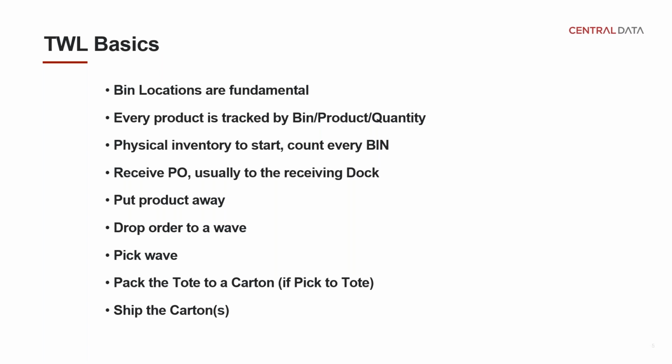So receipt comes in, gets received, you put the product away, then you drop an order to a wave, and I'll explain what a wave is in a little bit, but you drop the order to a work assignment to be picked. You go pick that wave, and depending if you're pick to pack or pick to tote, you would pick the product to a tote or a carton, and if you're going to do secondary packing, then you pack the tote to a carton, then you ship the carton.